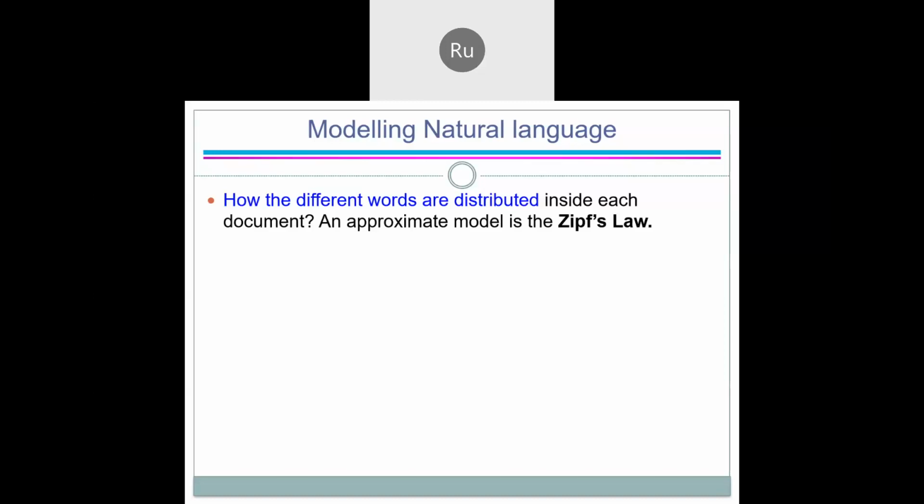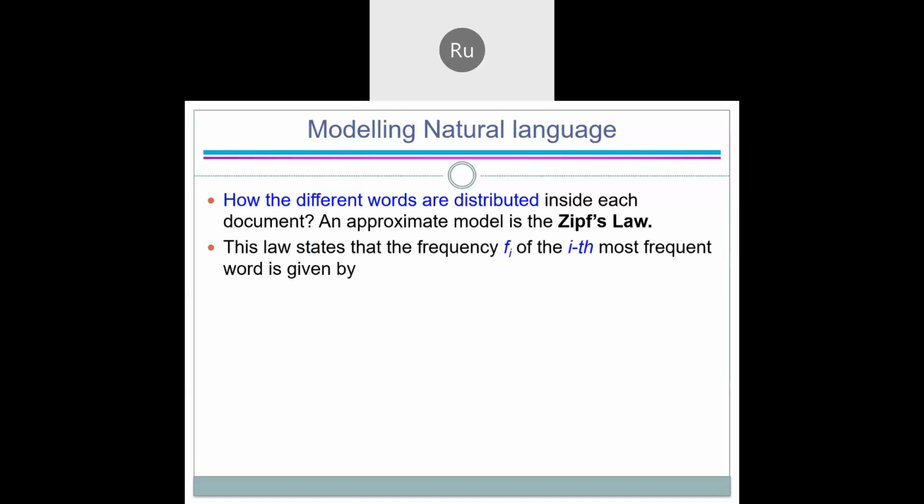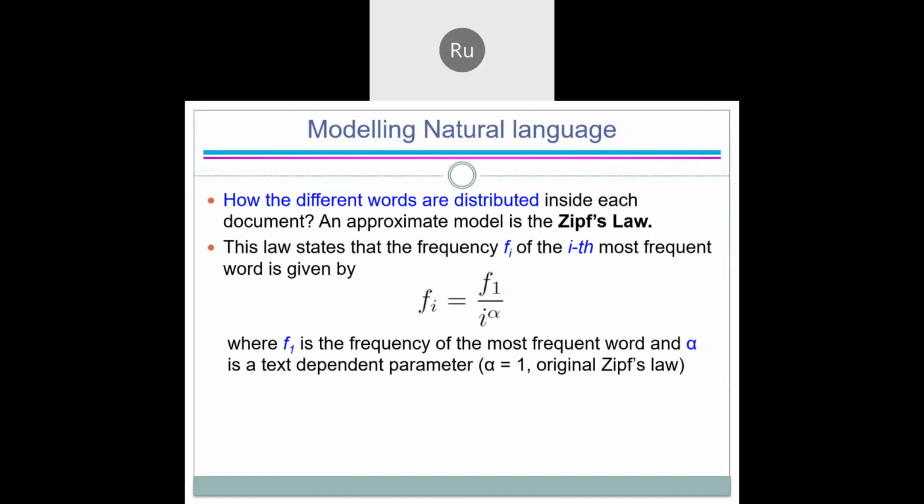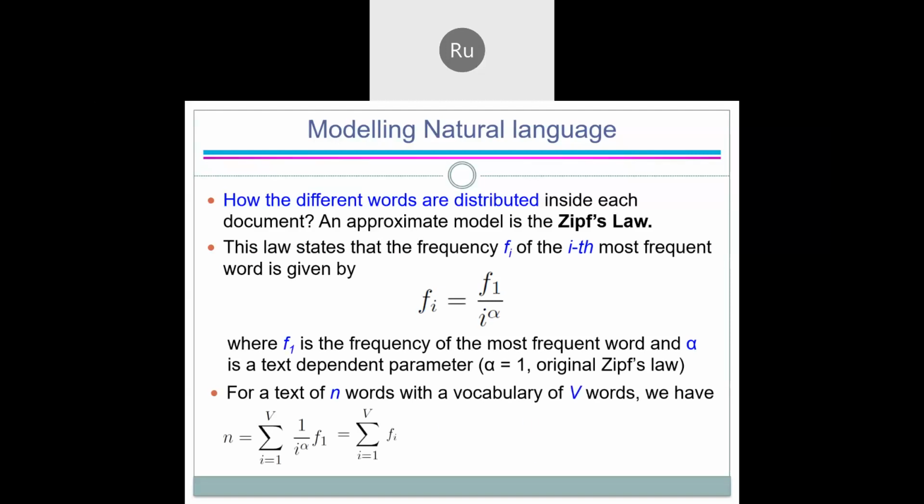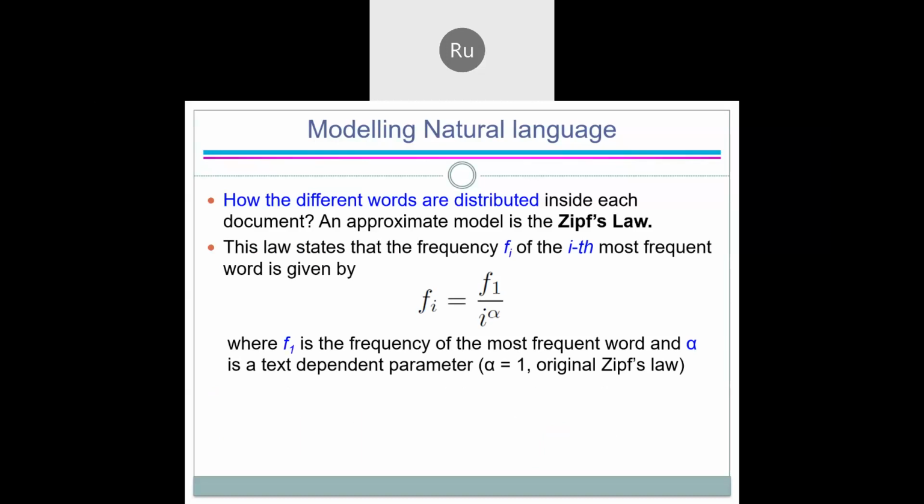So they have this model, Zipf's law, which states that the frequency of the i-th most frequent word will be given like this. F1 is the frequency of the most frequent word, and this alpha is just 1. So this is the most frequent word.